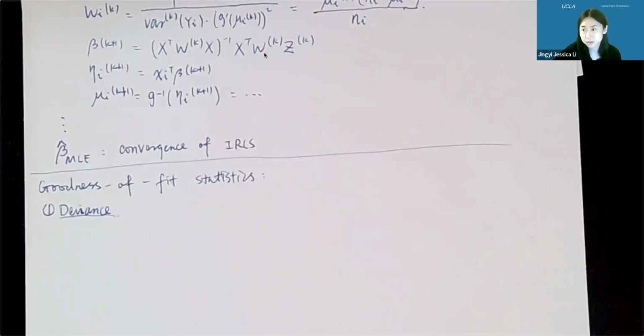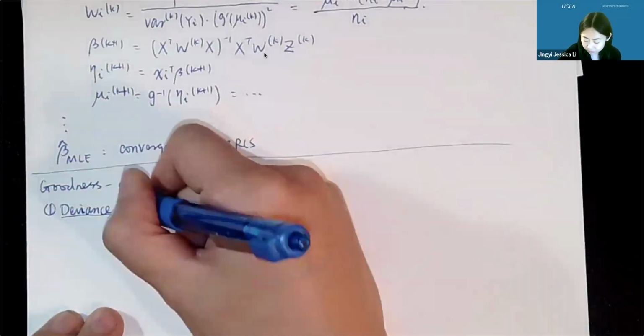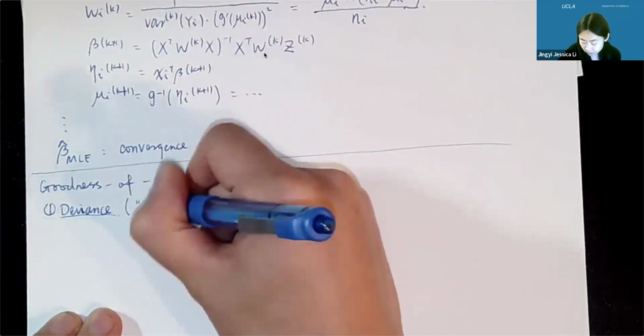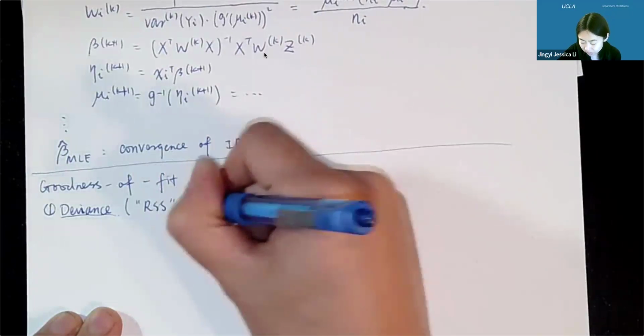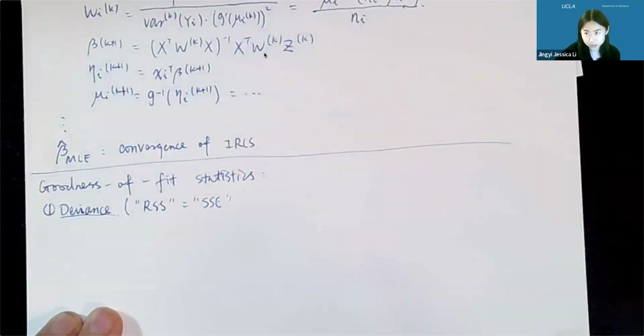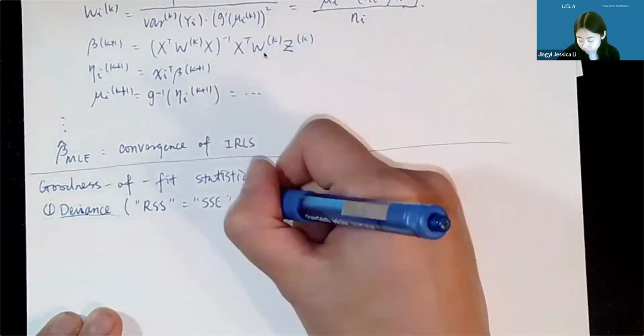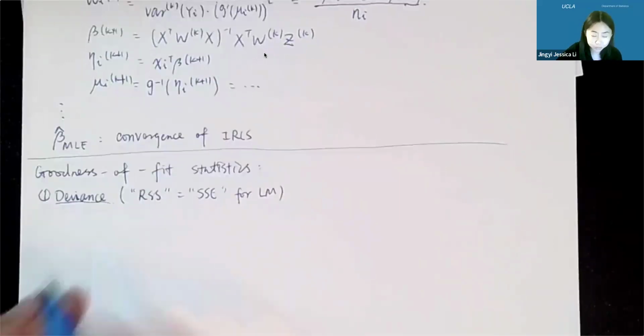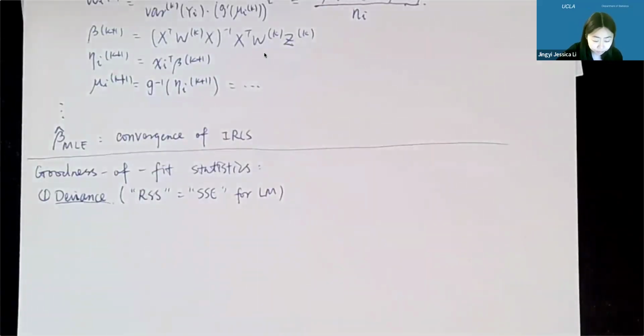Deviance is just the residual sum of squares for the linear model. It's just like the RSS, or we also wrote it as SSE, sum of square error, residual sum of squares. You see both for the linear model. For the linear model, the deviance is the counterpart for the generalized linear model.